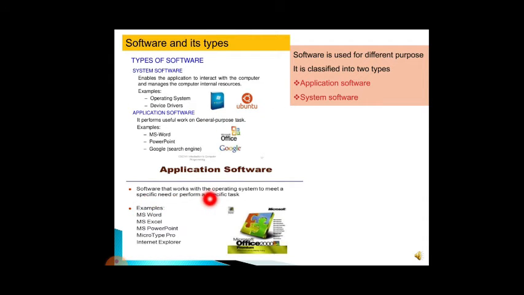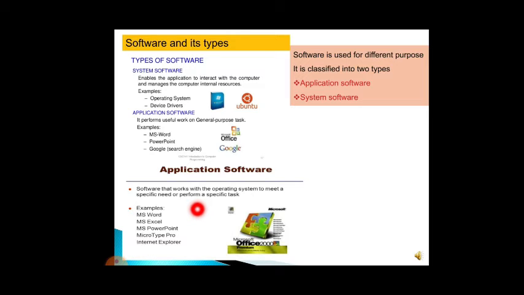Let us see now what is application software. Software that works with the operating system to meet a specific need or perform a specific task. So the software that works with the operating system to do a particular task is nothing but the application software. The examples given here are MS Word, MS Excel, MS PowerPoint, Microtype Pro, Internet Explorer.